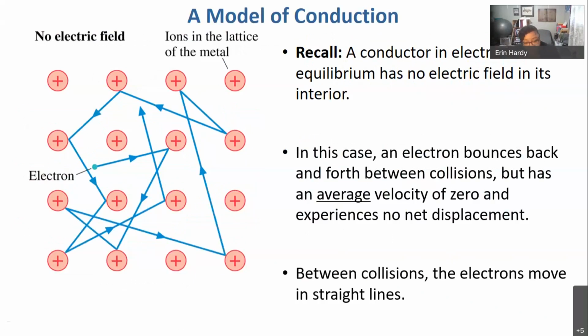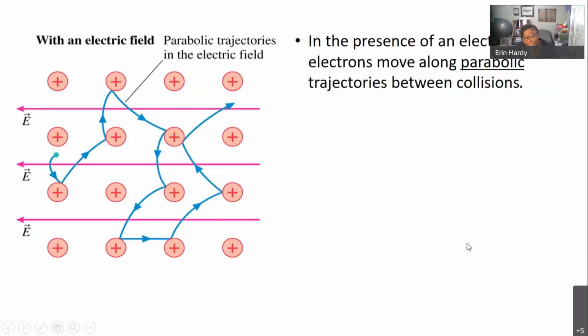So in the case where the field is not present, we can model these electrons as if they're undergoing perfectly elastic collisions with each other or with the positive ions that make up the lattice of the material. And these particles are still capable of undergoing elastic collisions, but now they're subject to another force.